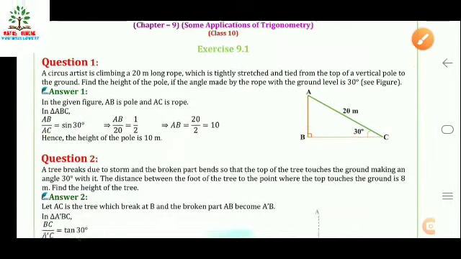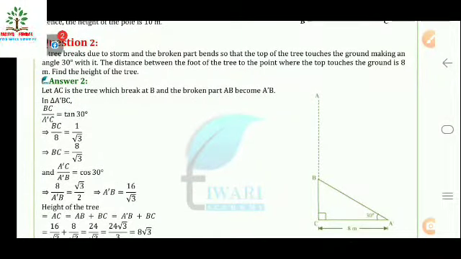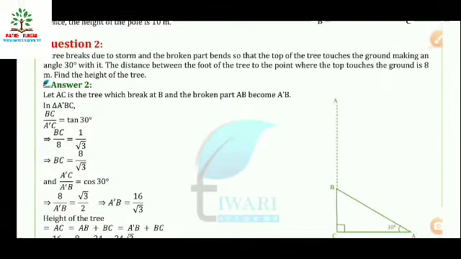Now looking at question number 2. A tree breaks due to the storm and the broken part bends so that the top of the tree touches the ground, making an angle of 30 degrees with it.